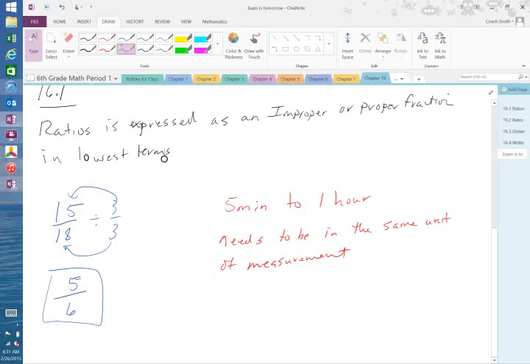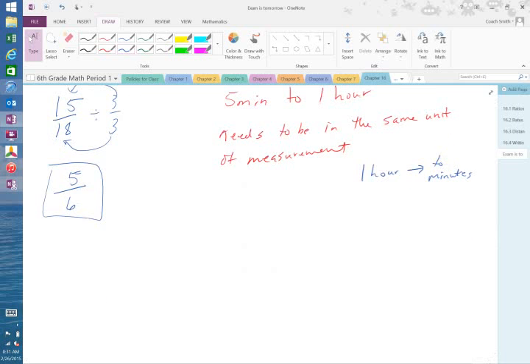So we're going to convert 1 hour to minutes. We have 5 minutes, and how many minutes are in an hour? 60. So in 1 hour there would be 60 minutes. So we're going to put 60 minutes here. 5 minutes to 60 minutes.